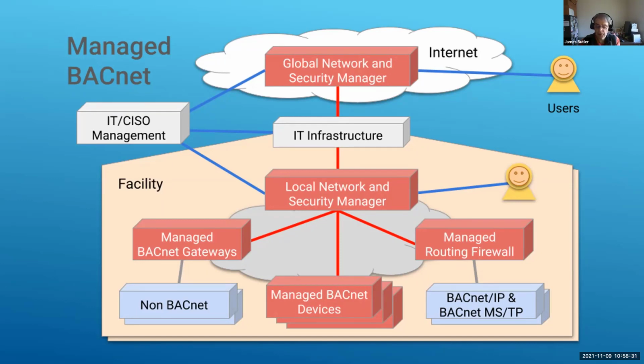And I'm not talking specifically about the kind of firewall that you would get from a Cisco, for example, but rather a firewall that is knowledgeable about BACNET services and can restrict the messages that flow between the secure part of the network, which is using BACNET SC, and the older parts of the network, which use BACNET IP or BACNET MSTP.